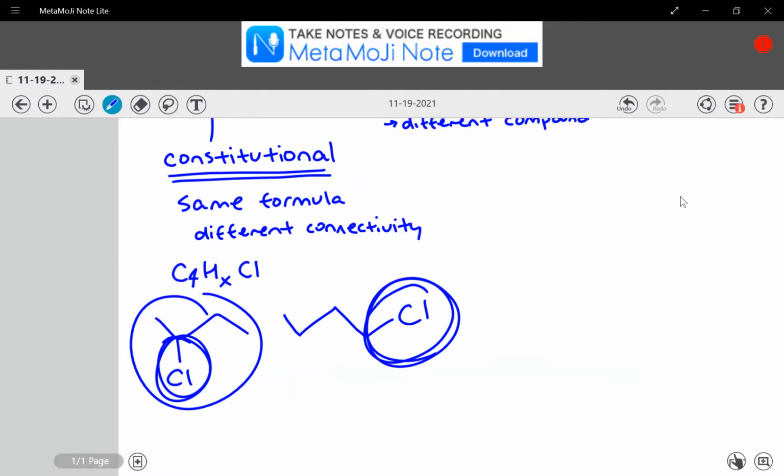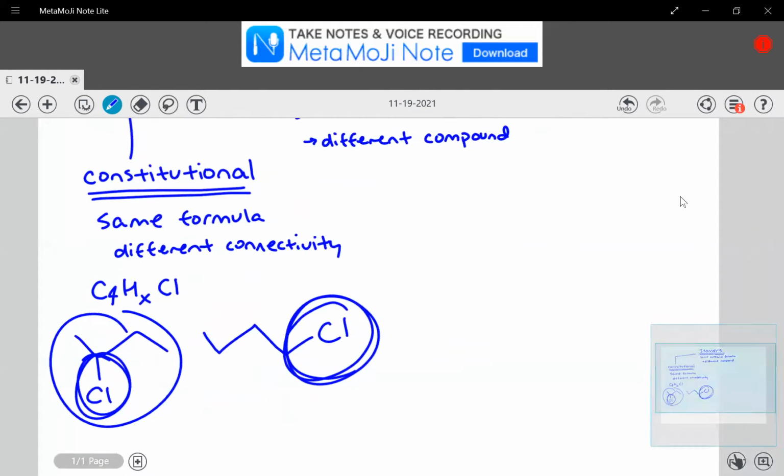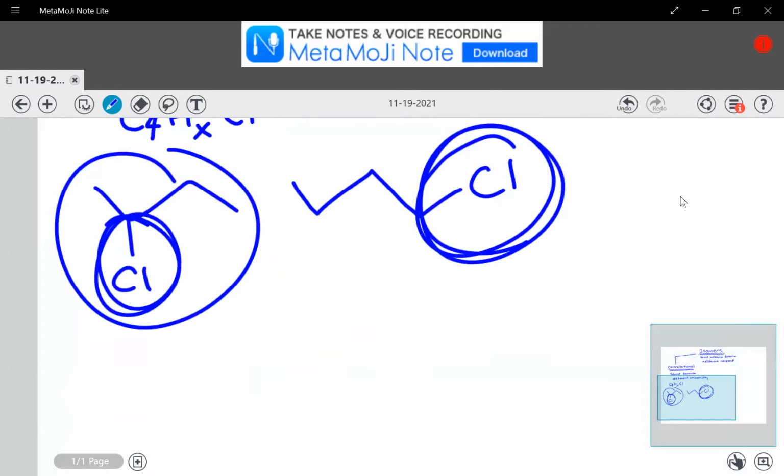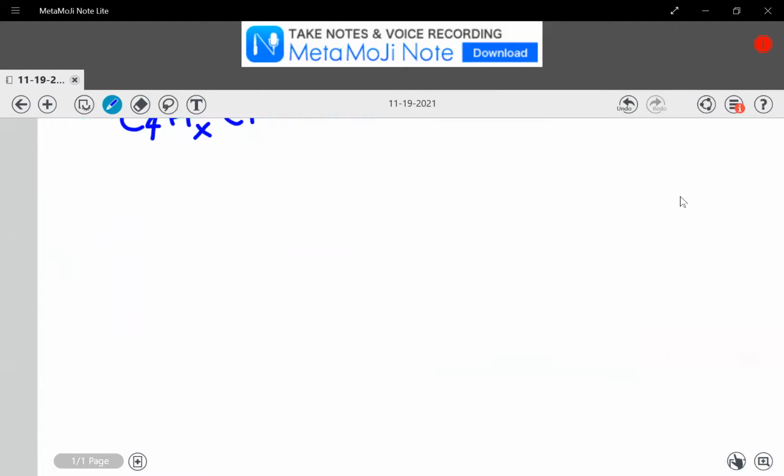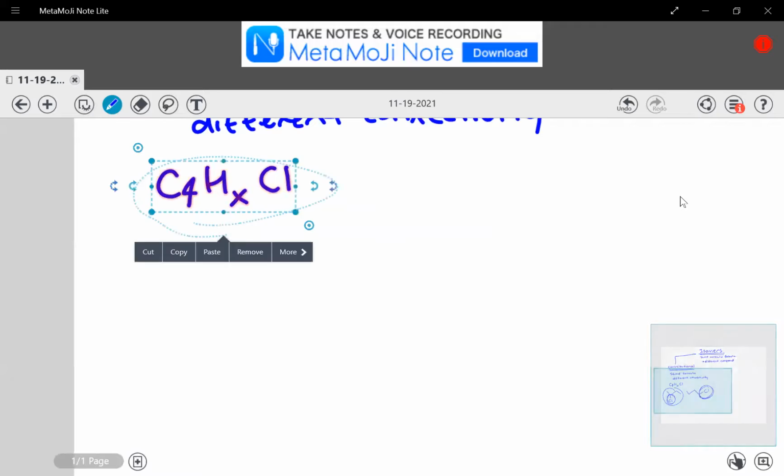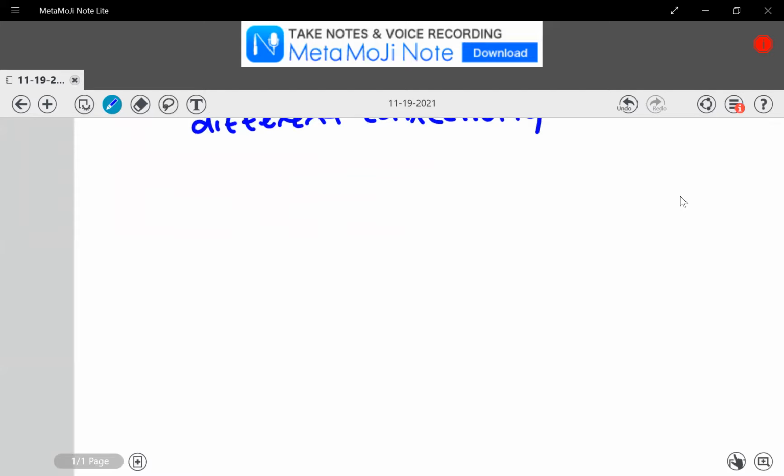I don't know how to explain it. It's just like take two, I guess, molecules, and if they look insanely different, chances are they're constitutional. Okay, like let's be real. Let's say you had, the easiest way I can think of this is a C6H whatever. 1, 2, 3, 4, 1, 2, 3, 4, 5, 6.